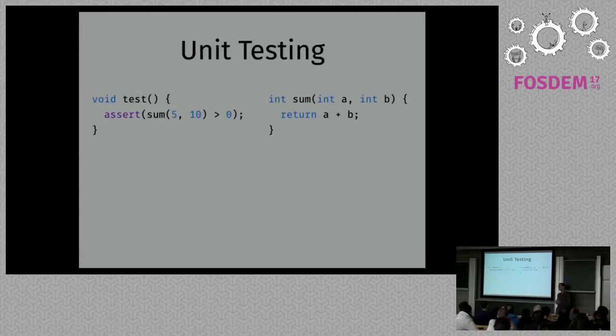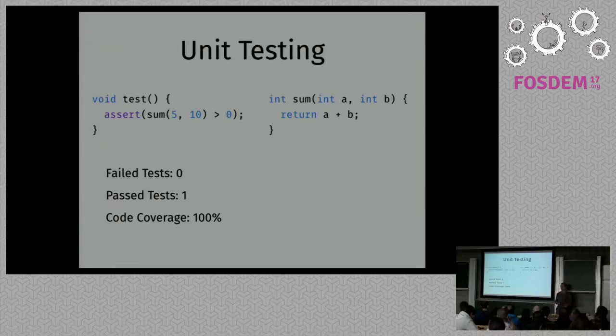It's a valid statement, but it's not enough, because 5 multiplied by 10 is also greater than 0. So if we run this test, we see that 0 tests failed, 1 test passed, and the code coverage is 100%.